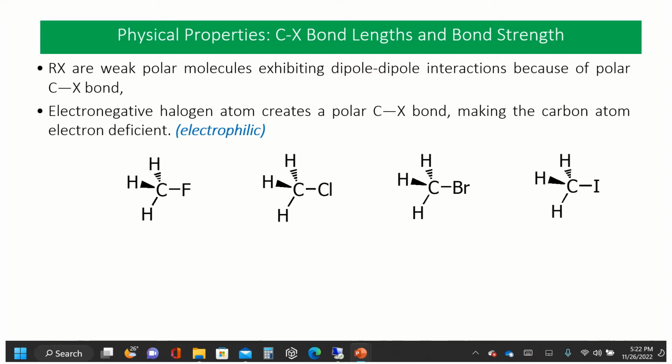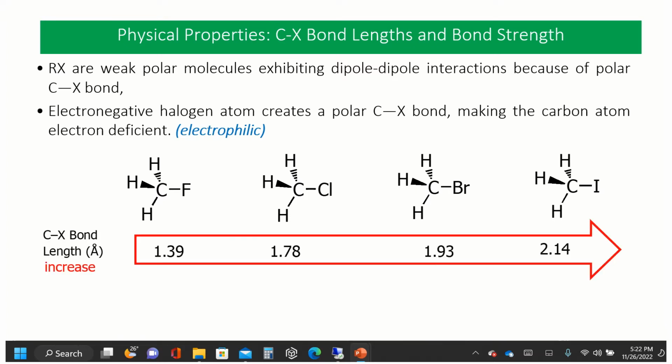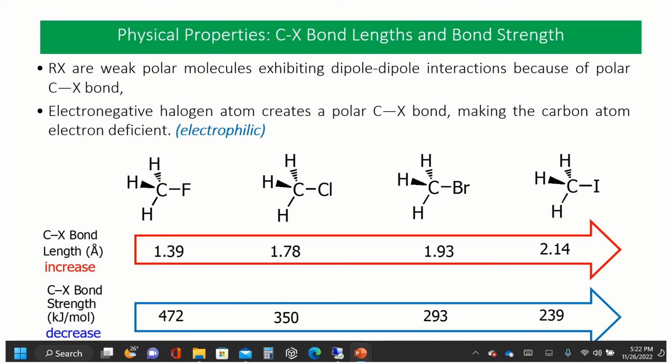And as you can see, fluorine being the most electronegative of this group will therefore have the greatest polarity in its bond. And as you move down the group, because of the size of the species, the bond length will increase.